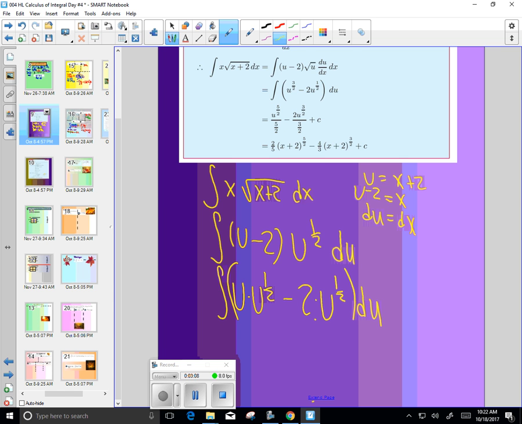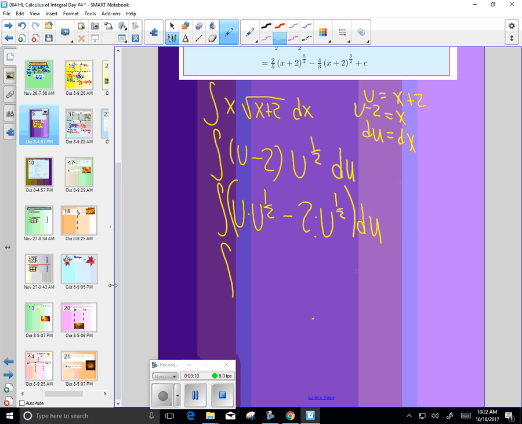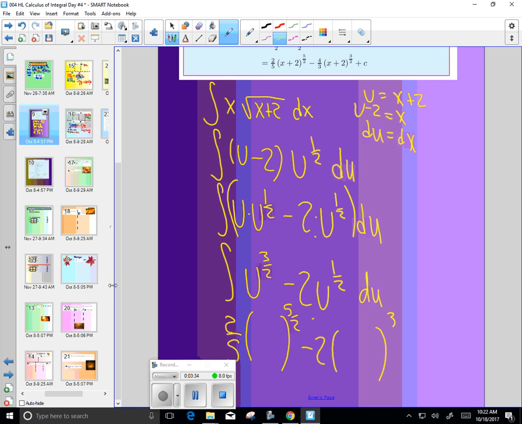Let's simplify it first. u to the 3/2 minus 2u to the 1/2. And so what's the antiderivative of u to the 3/2? u to the 5/2 times 2/5 minus 2 times u to the, raise the power, 3/2 times 2/3.